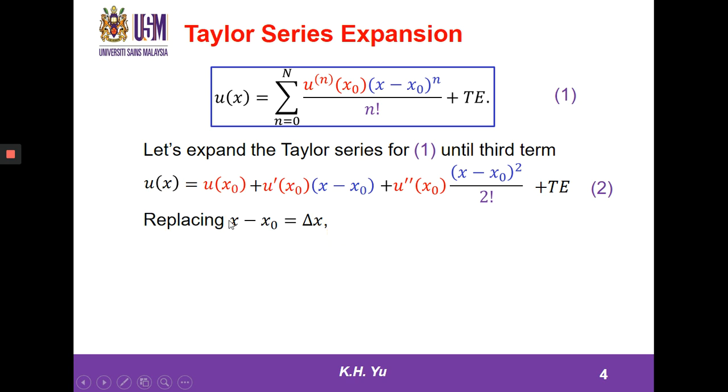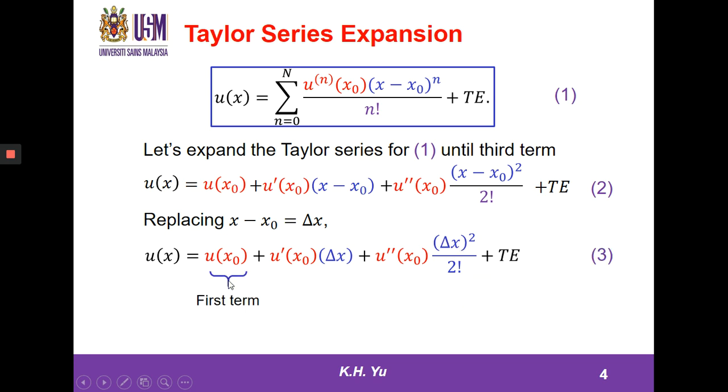So let's say that x minus x0 equals delta x. So we can replace the terms and simplify it to become this formulation. What we substitute is just that x minus x0 becomes delta x.